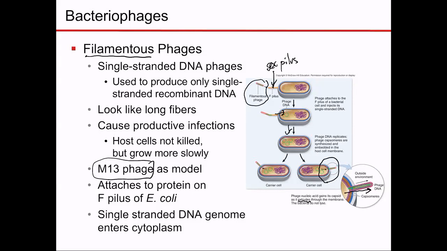So in the case of filamentous phages, the cells are not lysed. The cells remain alive, and they keep shedding virus out of that cell. The only thing that is going to happen to the cell is that it is not going to be killed, but that cell infected with this filamentous virus will grow more slowly.